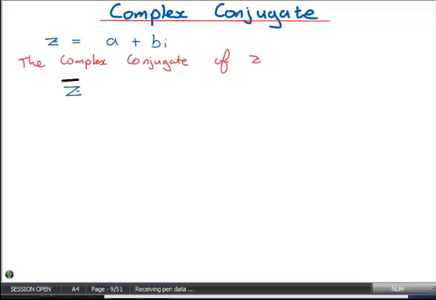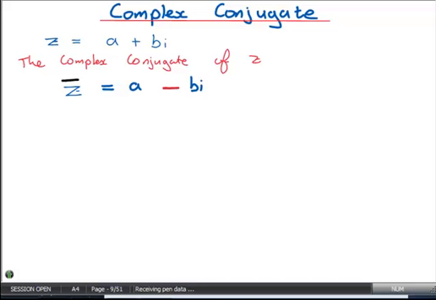That line denotes that it's the complex conjugate, and this is equal to a minus bi. The a stays exactly the same, and the big difference here is that the complex part changes sign. So if z was equal to a plus bi, the complex conjugate of z, all you do is change the sign of the imaginary part.